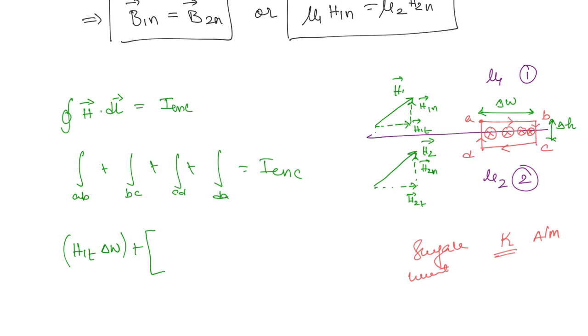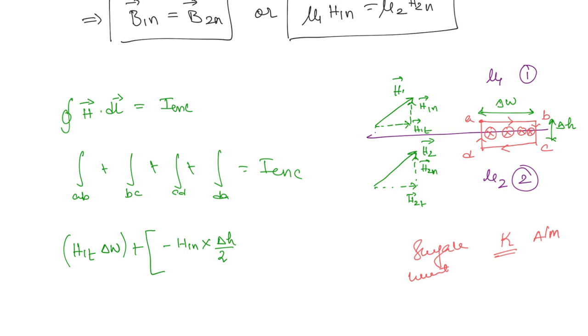So for one half of it you're going to have minus H1n, because H1n and delta H, the length vector, are in the opposite direction. So H1n into delta H by 2, and again here also when you're going in this direction, in the bottom region, the second region, delta H by 2 is the length and H2n is in the opposite direction again.